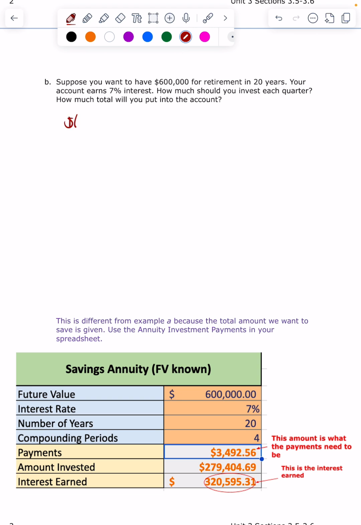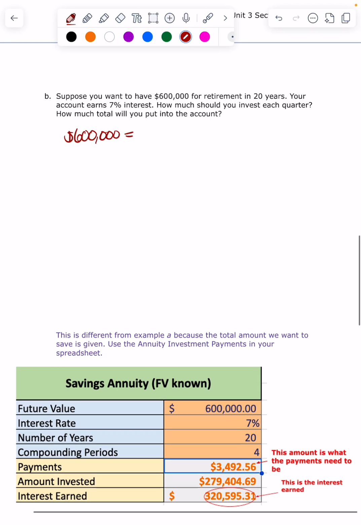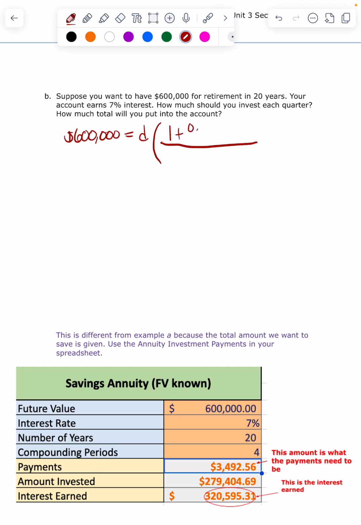It's going to be $600,000 equals, and we don't know what the D is, the payments. So D and then parentheses, make a fraction, 1 plus 0.07, because it's 7% interest, over the compounding period, which is 4, because it says each quarter, so there's 4 quarters in a year.